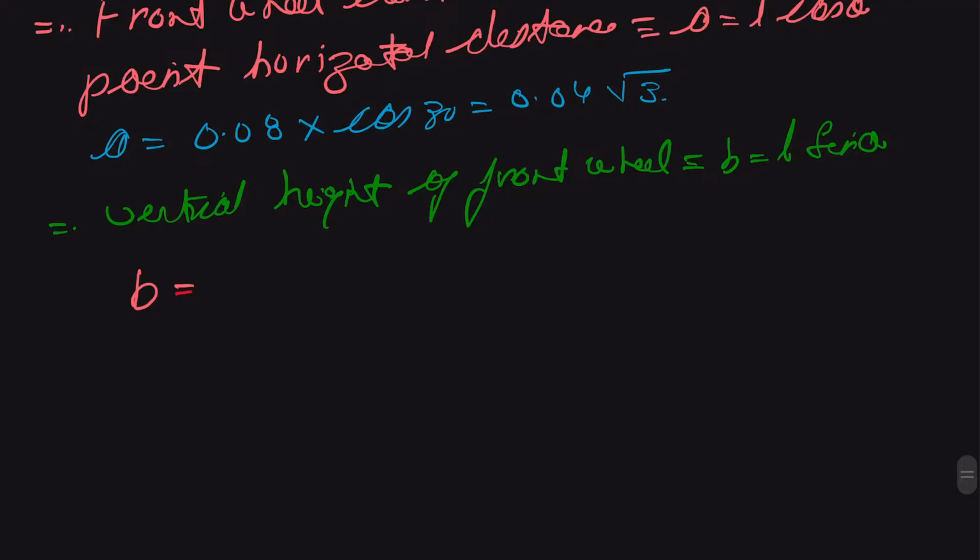So we get our B is equal to 0.08 sine of 30, that is 1 by 2. This gives us 0.04.